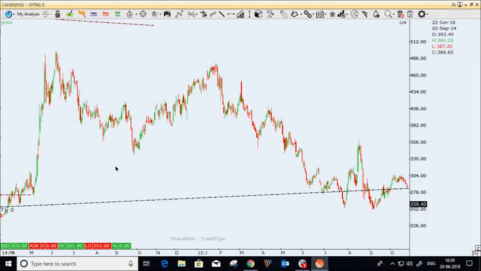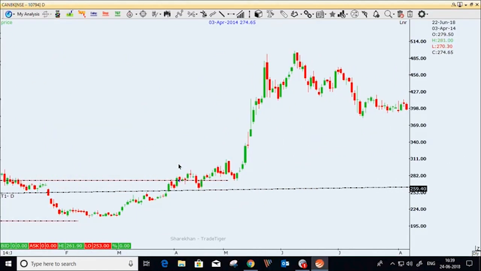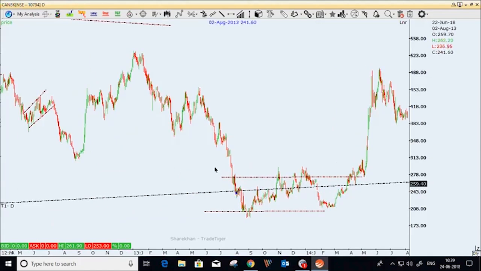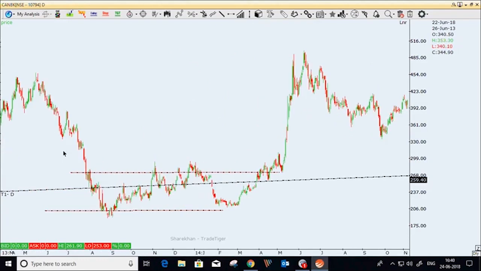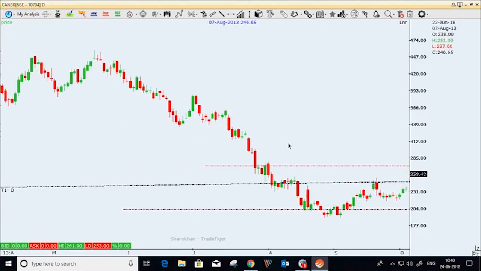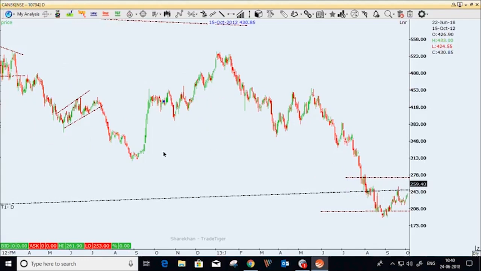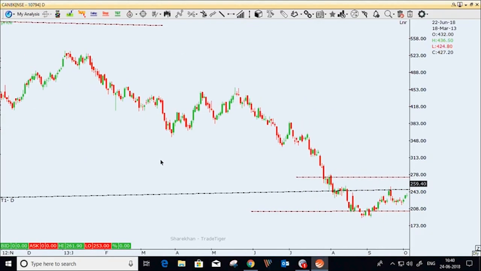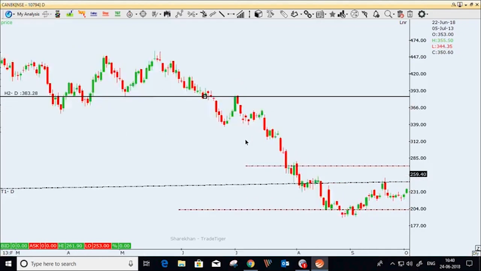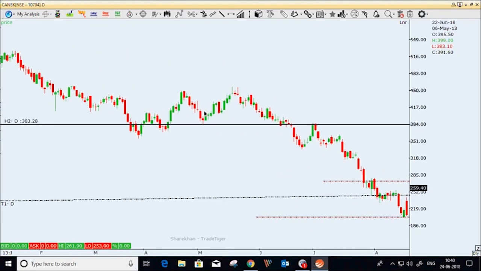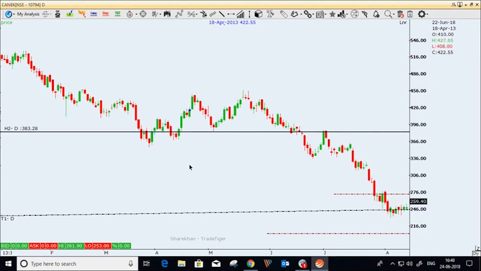For break limit zones, I need to draw all the support resistances, right? This is a different pattern, so I'm not showing you right now.